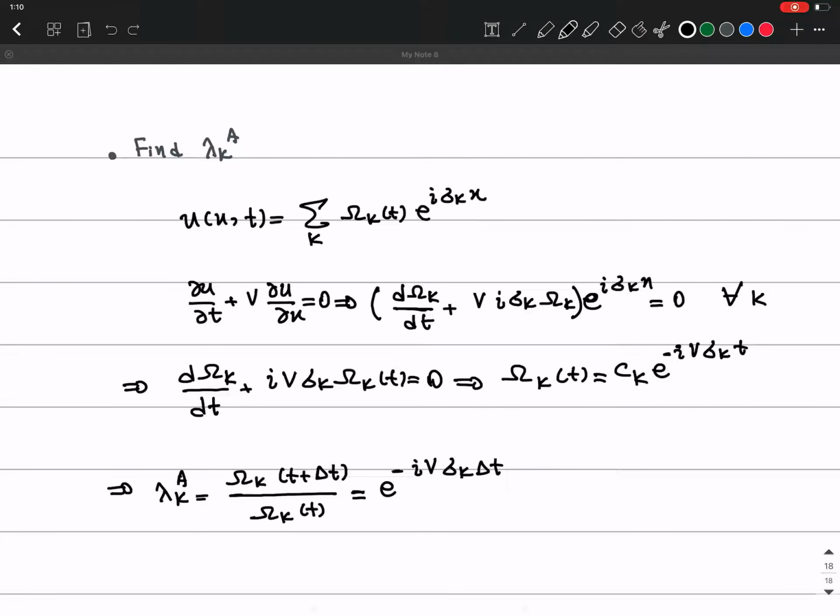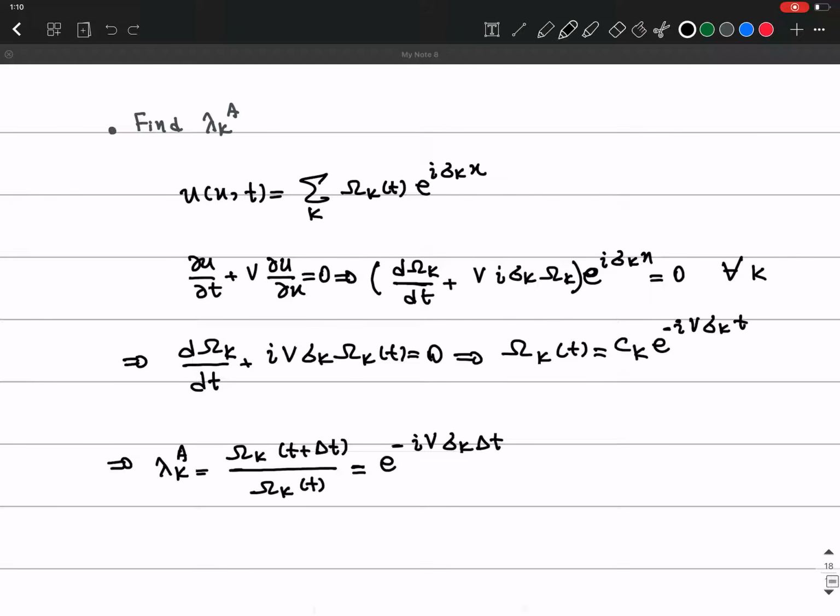Okay, so as you see, interestingly, the absolute value of lambda k analytical is what? The absolute value of that is going to be 1.